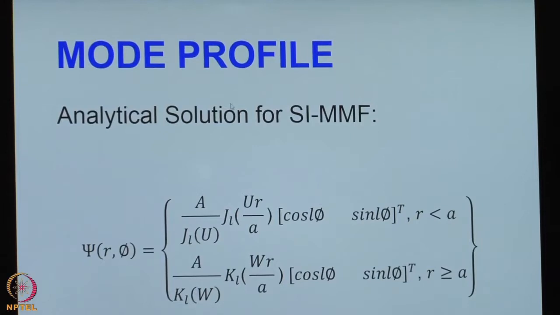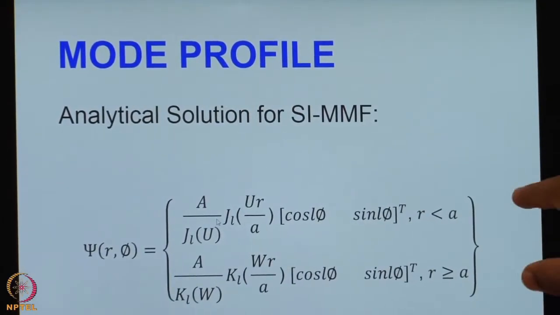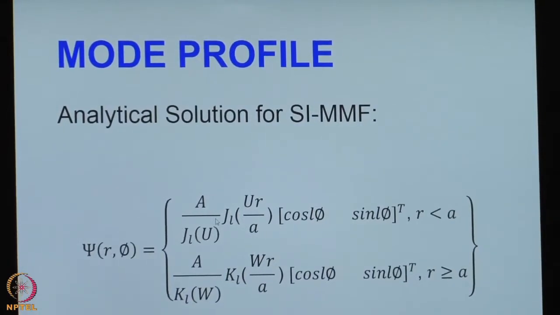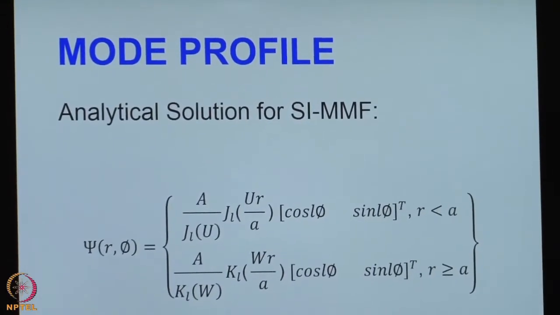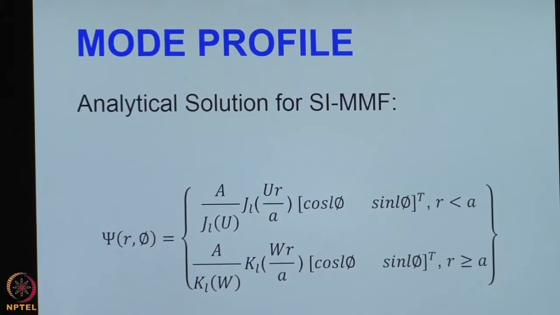So let me show the analytical result itself. Before that, I will explain how it is solved. This is the solution. When we apply the boundary conditions, we get the mode solutions.